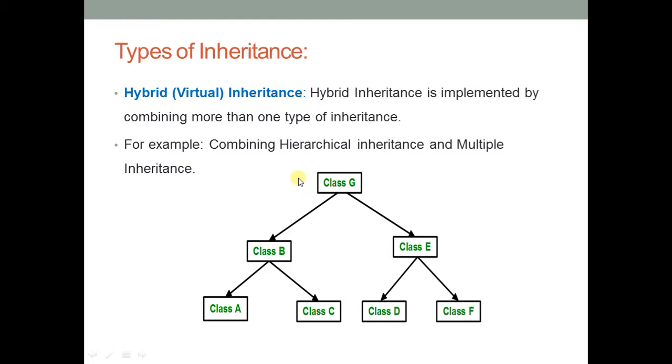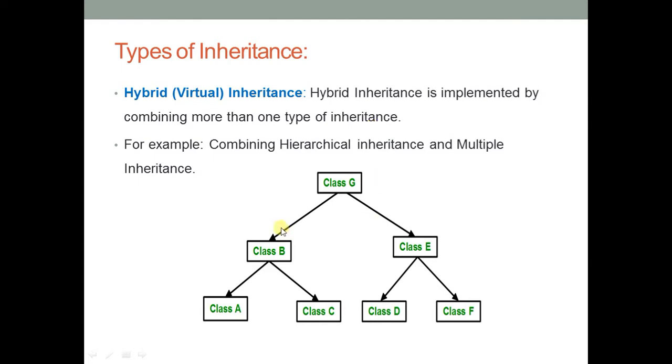Hybrid means mixture. You can see here hybrid inheritance is implemented by combining more than one type of inheritance. That means it can have multiple, multi-level, hierarchical at a time, and that type is known as hybrid inheritance.